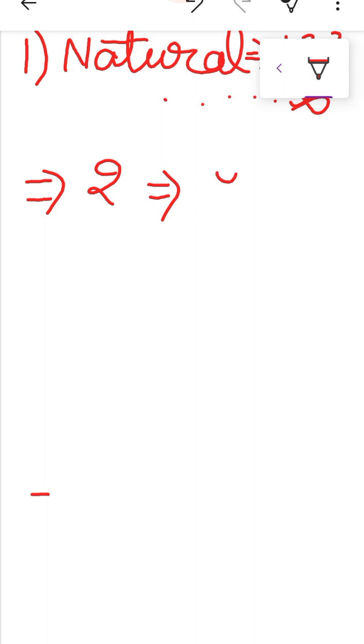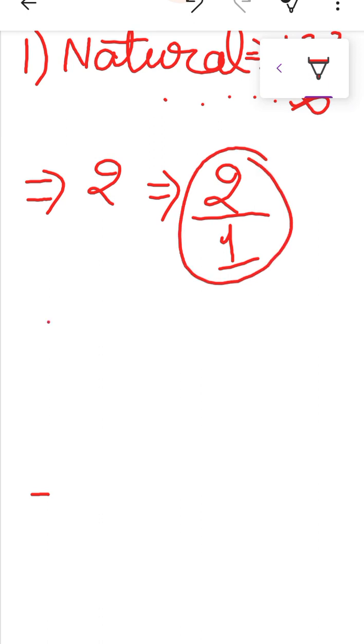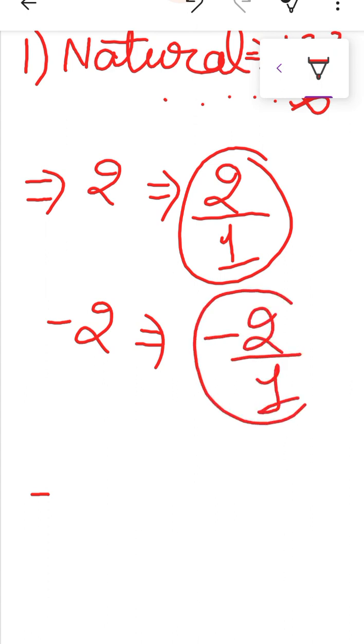Definitely it is a rational number because it can be written as 2 by 1. So this is a rational number, right? If we talk about minus 2, definitely it is also a rational number because we can write it as minus 2 by 1. So all the numbers that can be written in the form of a ratio are rational numbers.